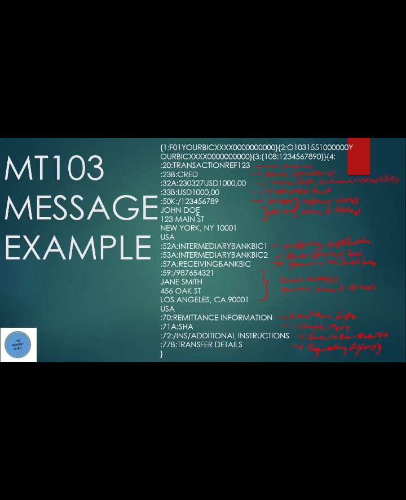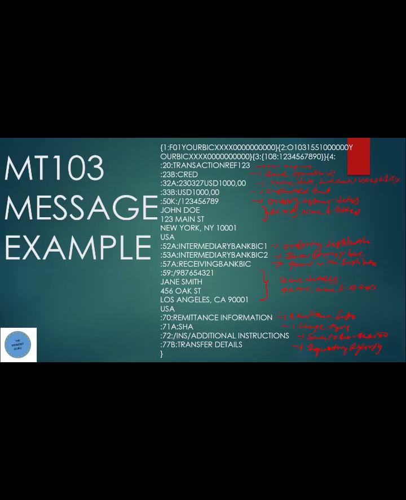The ordering customer is John Doe, whose account got debited, and whose account number, name, and address are mentioned over here. 52A is your ordering institution, the account holding institution of the customer whose account is getting debited.